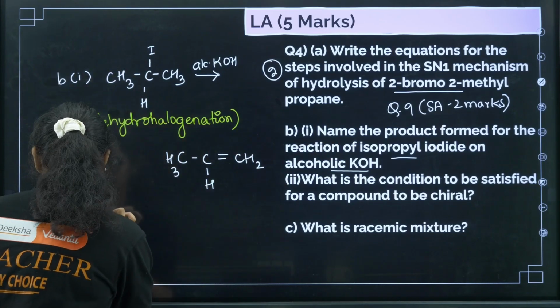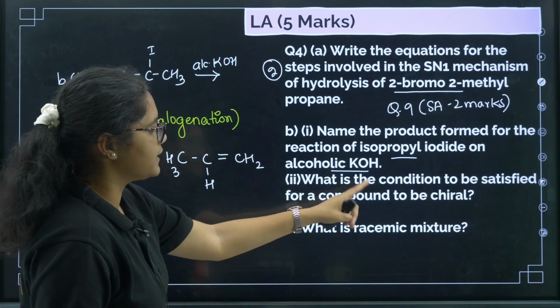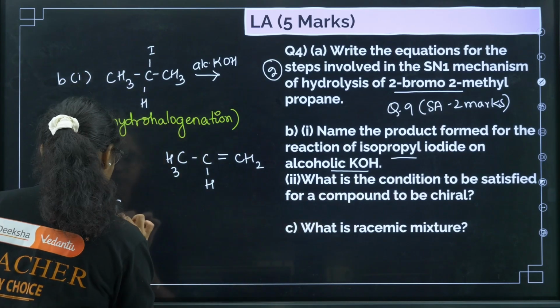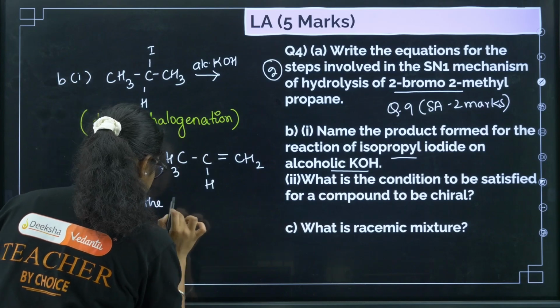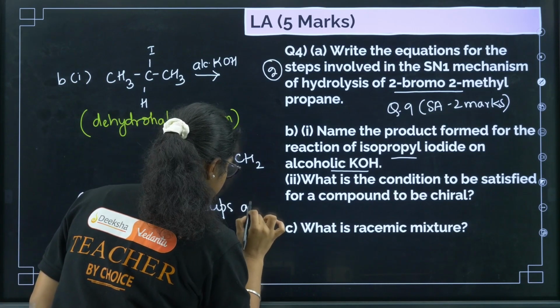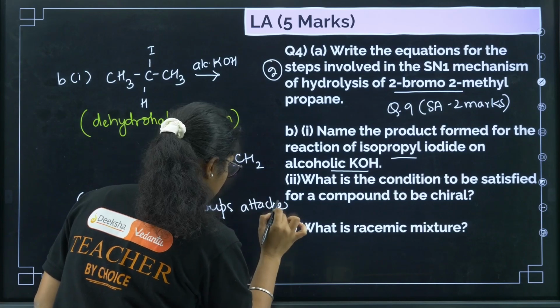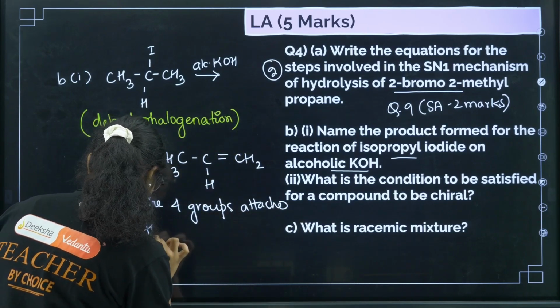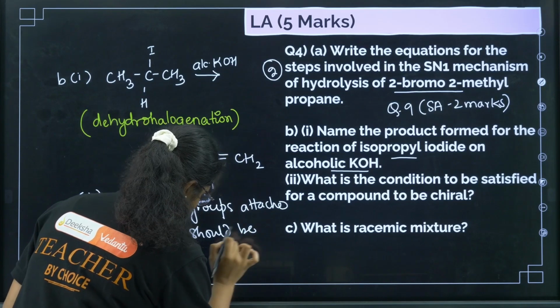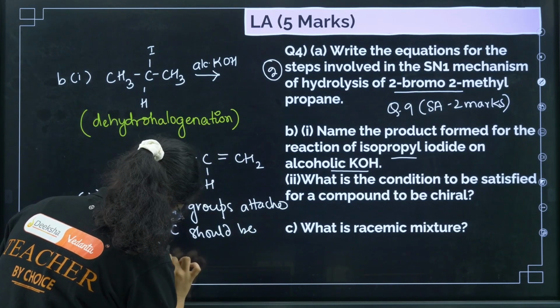Next, B2 will be what? What is the condition to be satisfied for a compound to be chiral? We have just discussed this question already: all the 4 groups attached to the carbon should be different.